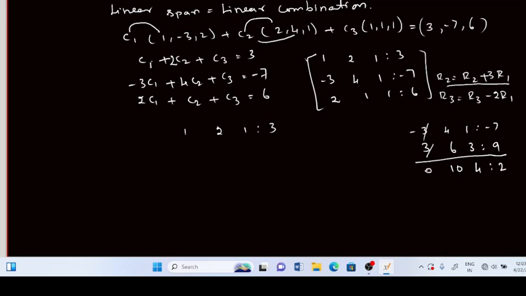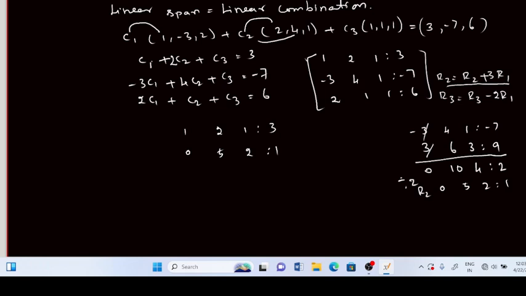Each term is divisible by 2, so we write the second row as 0, 5, 2, 1.